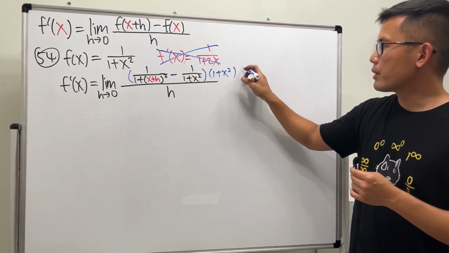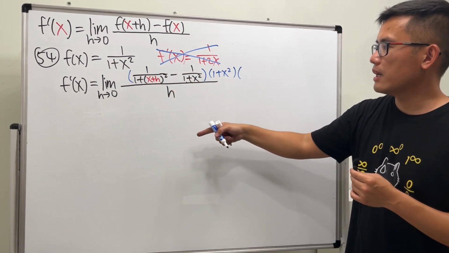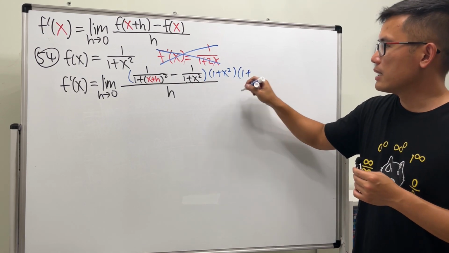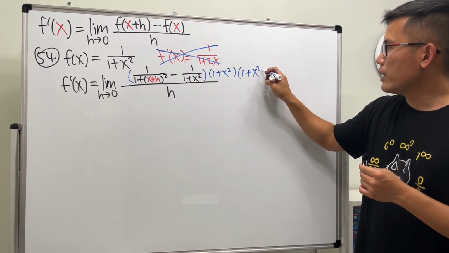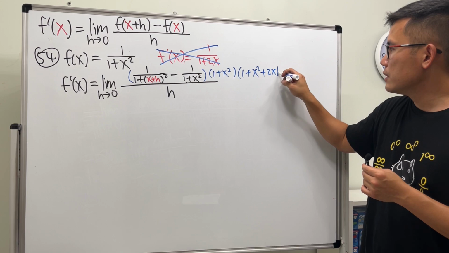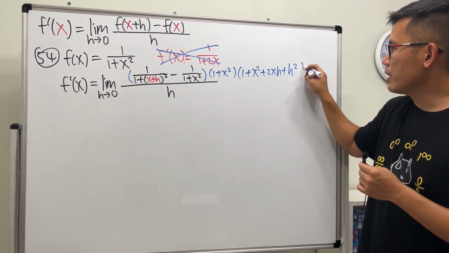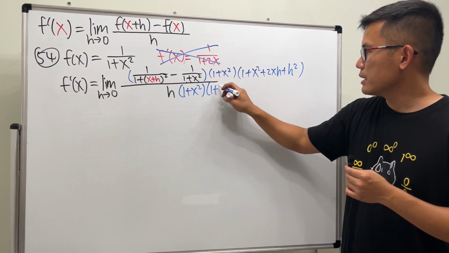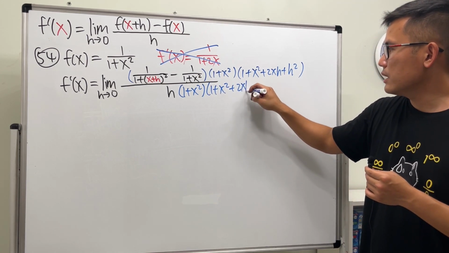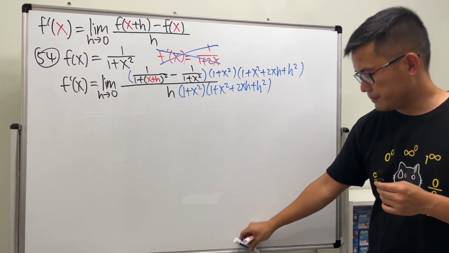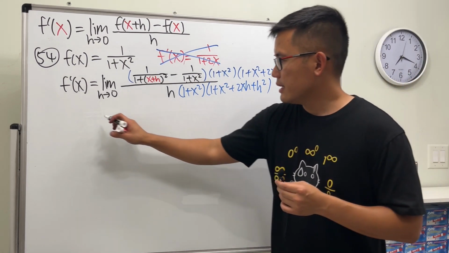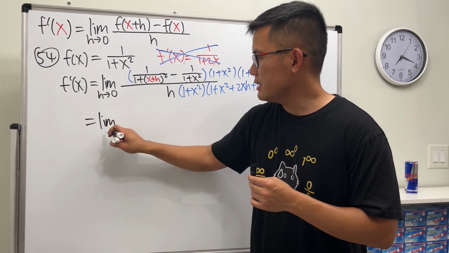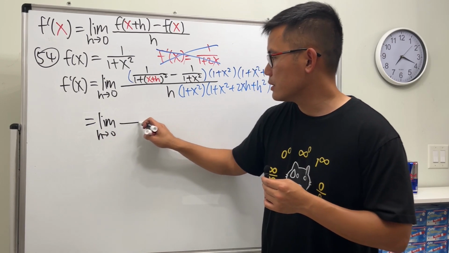Also that, and perhaps I'll just multiply this out right here at the same time. So we have 1 plus, open that, we get x squared plus 2xh plus h squared. And then of course, let's also put that down on the bottom here. 1 plus x squared plus 2xh plus h squared. All right, so here we will have the limit as h approaching 0.